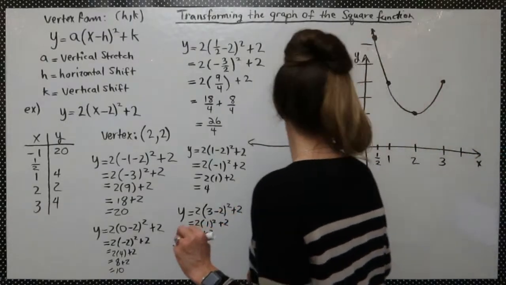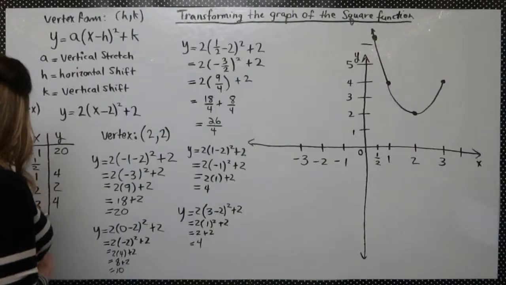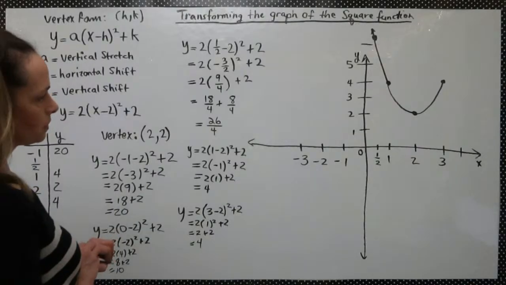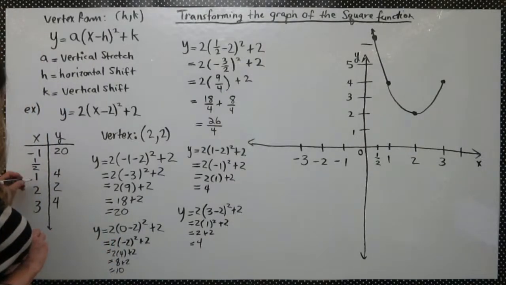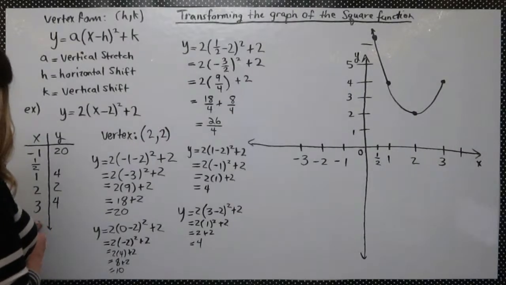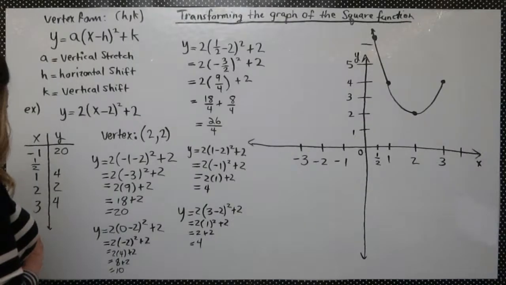But if we do, let's see, it wouldn't be 3.5. Let's see, 1/2 would be, yeah, 3.5. So 3.